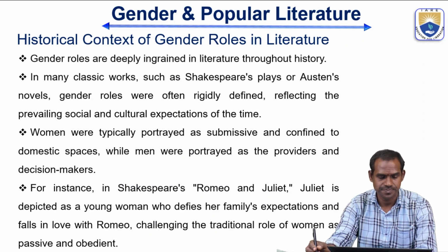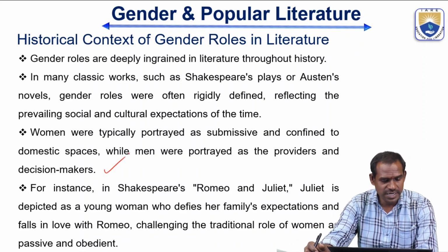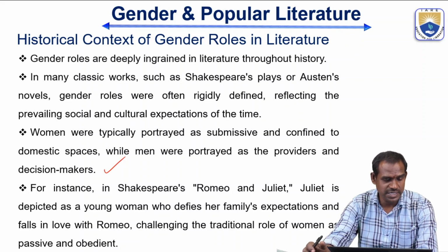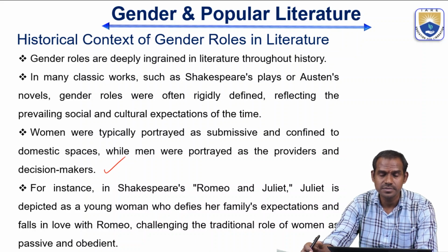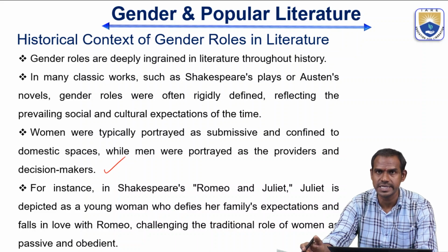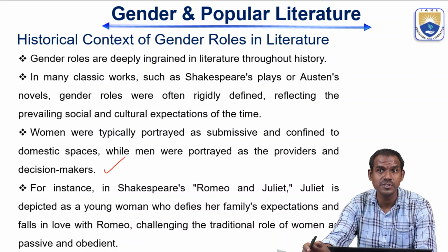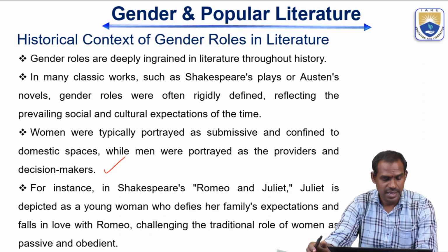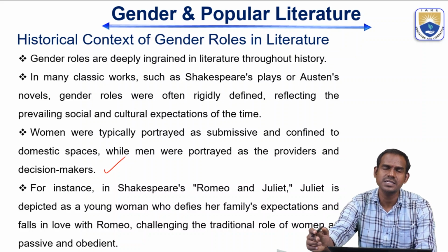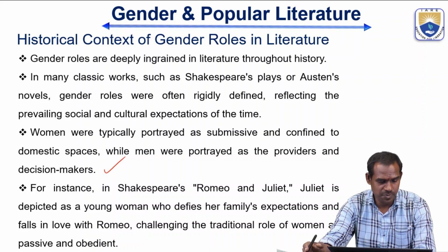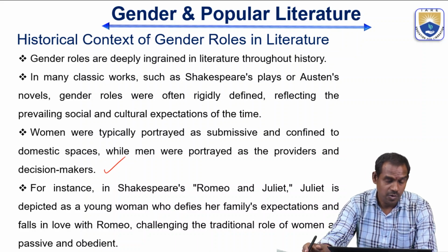Okay. For instance, in Shakespeare's Romeo and Juliet, Juliet is depicted as a young woman who defies her family's expectations. Who defies means who denies. She denies her family's expectations and falls in love with Romeo, challenging the traditional role of women as passive and obedient. Traditionally, according to society's perception, women are treated as passive and obedient.